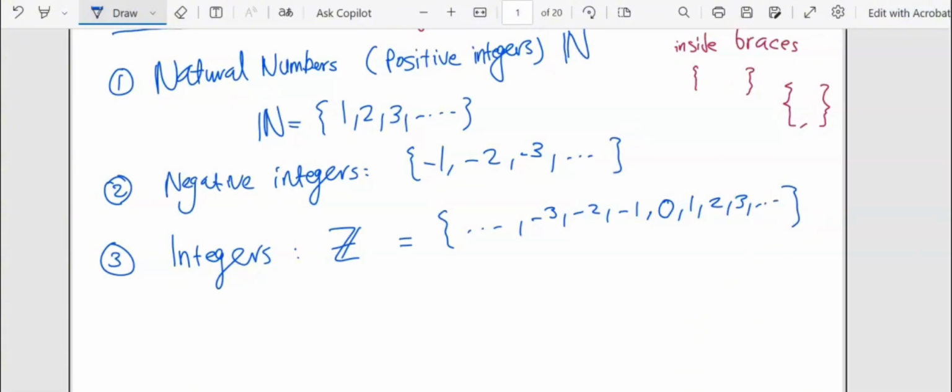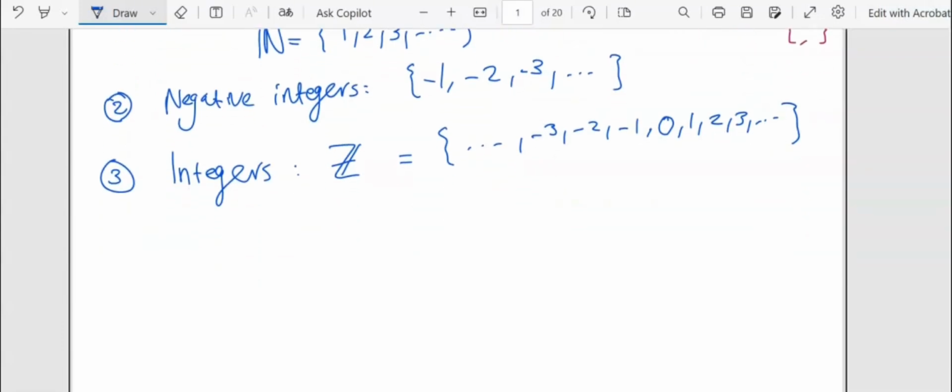And now the most familiar one that we deal with in our life is the set of real numbers. The set of real numbers consists of two sets.